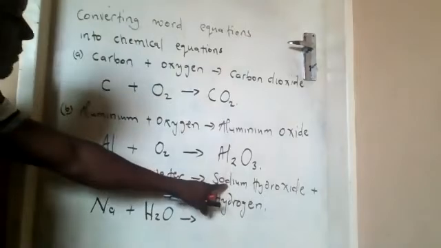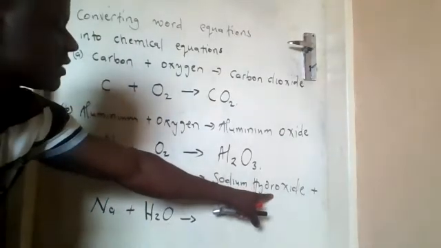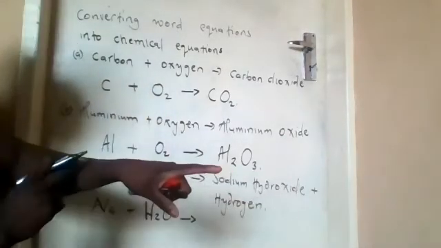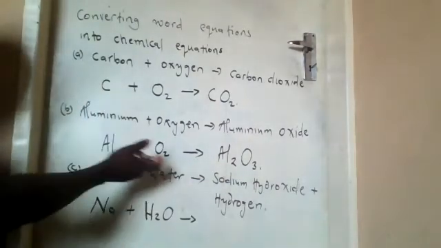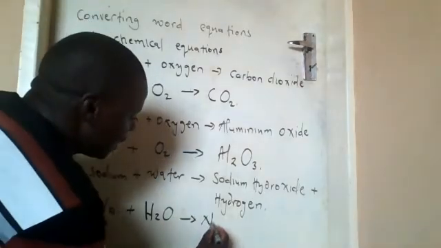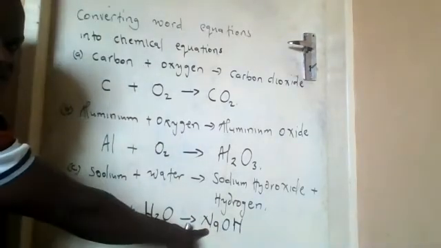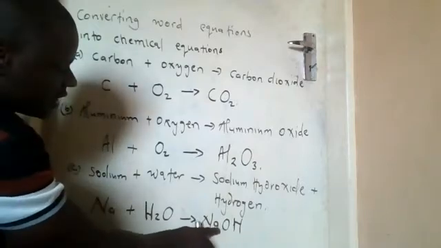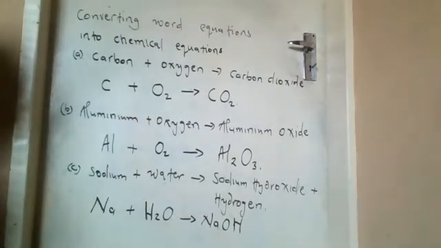Because sodium has a valence of 1, because it's found in group 1, and hydroxide is the radical OH with a valence of 1, there's no need of following the procedure like the way we have done for that. So I'm just going to say NaOH, because Na has a valence of 1, and OH hydroxide has a valence of 1, so we're just going to write it like that.